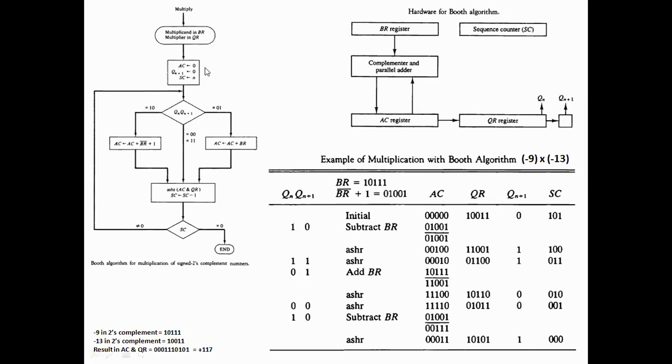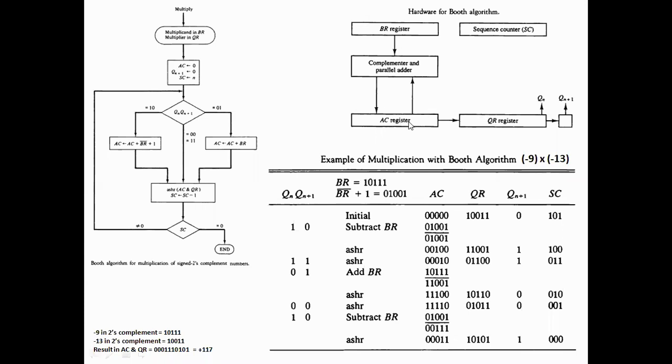So these registers are shown here in the hardware circuit. This thing shows us that to multiply using Booth algorithm, you need this hardware. You need two registers for holding the numbers. In BR register, you will put multiplicand, and in QR, you will put the multiplier.